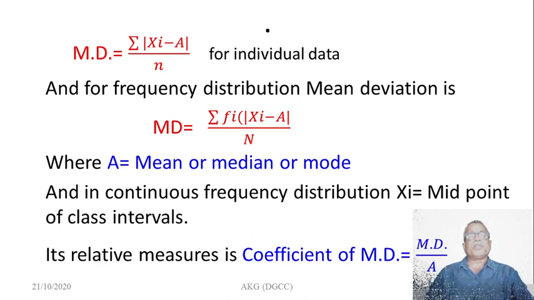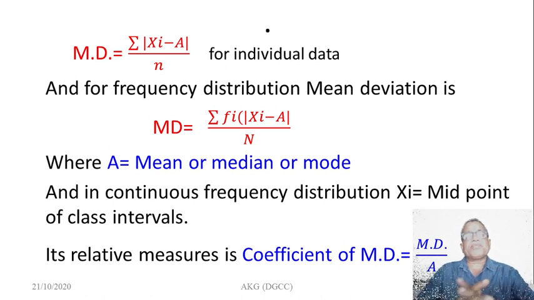For example, suppose xi is 5 and the average a is 7, then 5 minus 7 gives mod minus 2, but outside the mod we write it with a plus sign. That means we ignore the sign of the deviation and write it as a positive value. This is the meaning of the mod sign, read as mod xi minus a divided by n.